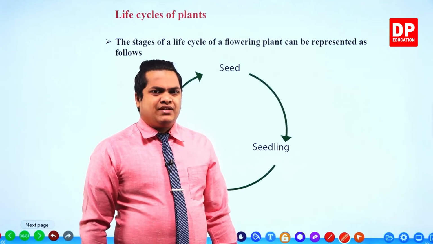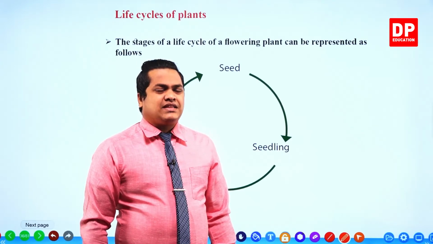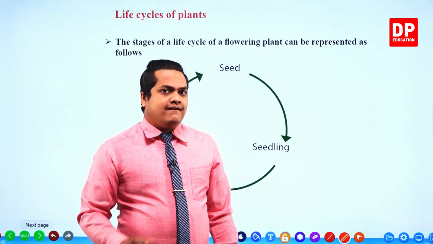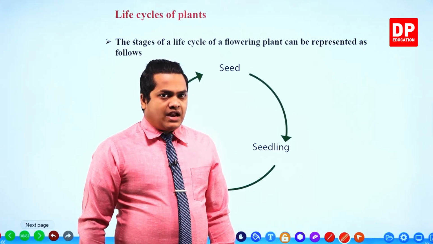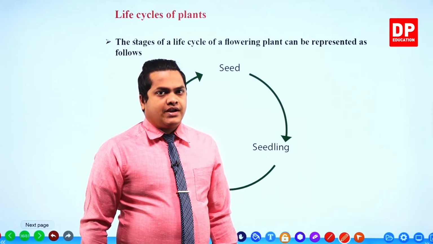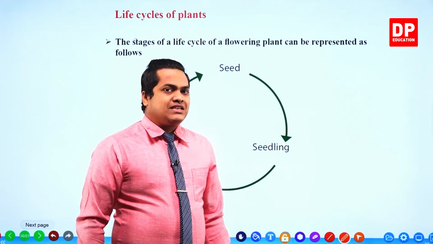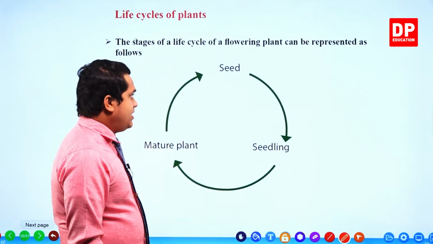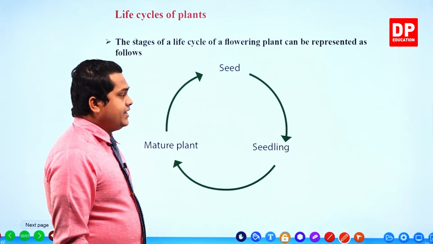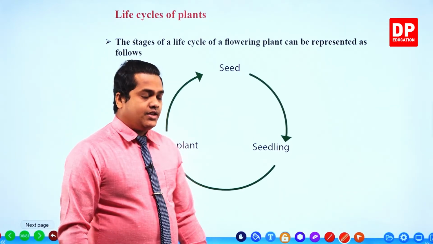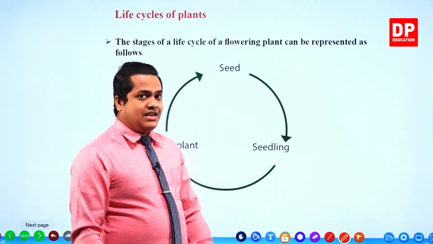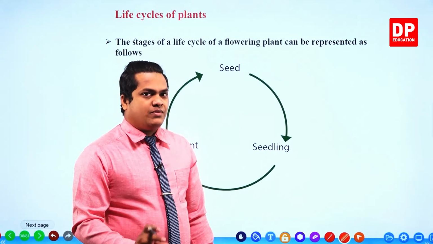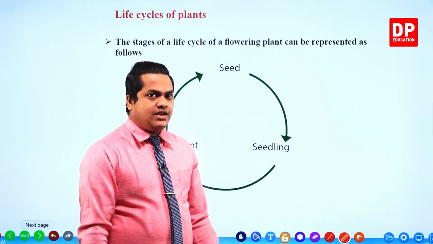It's really simple, right? So there are 3 key stages within the life cycle of a plant, my dear children. So these key stages are: number 1, the seed, okay, the seed, then the seedling or the plantlet, the small bit of plant which is coming out from the seed.